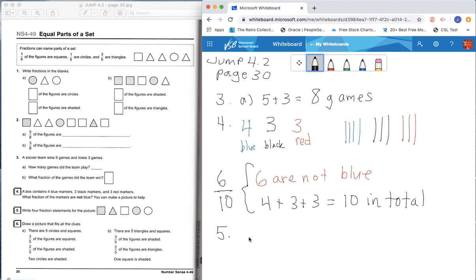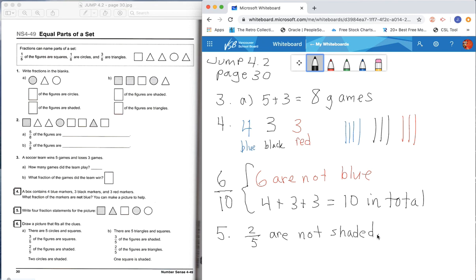So for example, let's do not shaded. We can see there are 2 that are not shaded. So that's the top. And out of how many shapes? 1, 2, 3, 4, 5. So we can write 2/5 are not shaded. Okay, so that is a fraction statement.